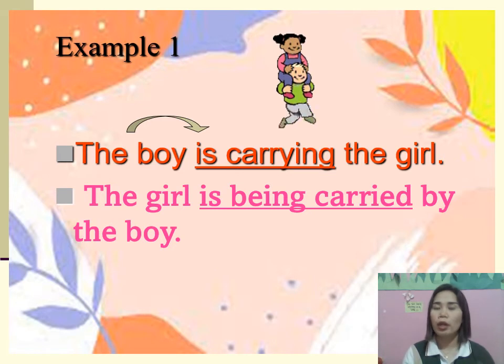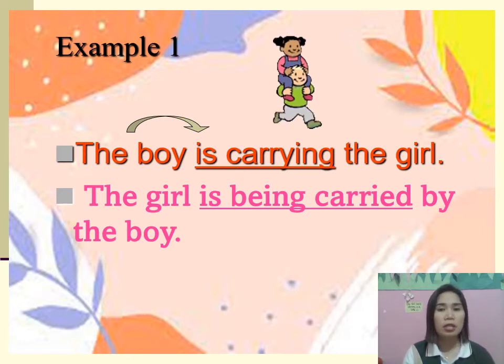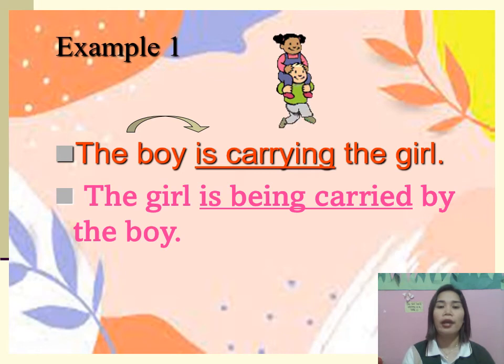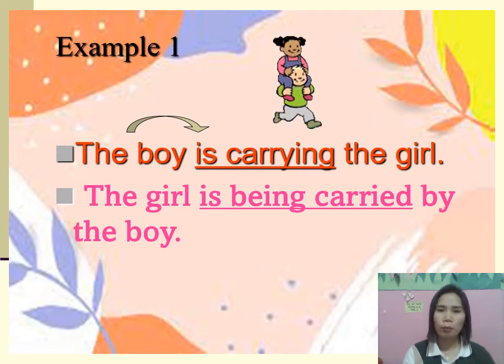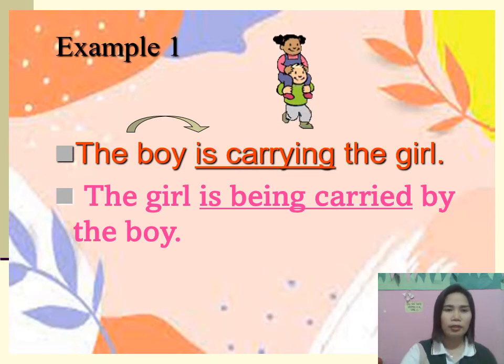Carry here is a regular verb, that's why it forms its past participle by just adding ed. Okay, and the boy, which is the subject in sentence number 1, became the object in sentence number 2. So you have to be careful in changing your verb. All right?